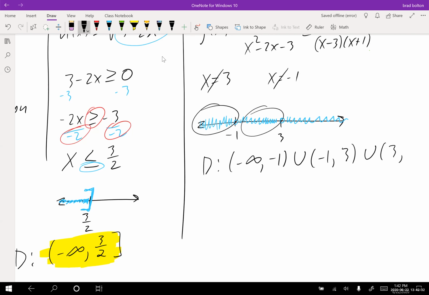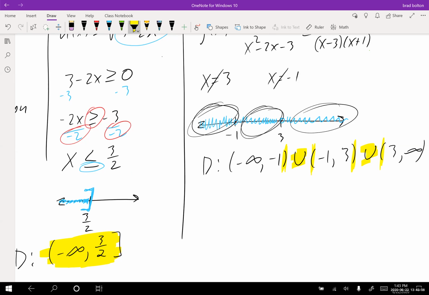Then start again from 3. All 3 of those sets of numbers work. So I want to join them together, and that's what the union does. The union allows us to join those together. So we're not allowed to use negative 1 and we're not allowed to use 3. And remember, parentheses mean get really close to negative 1 and really close to 3, but never touch them, which is what we want, because if we did actually reach them, we would be dividing by 0.